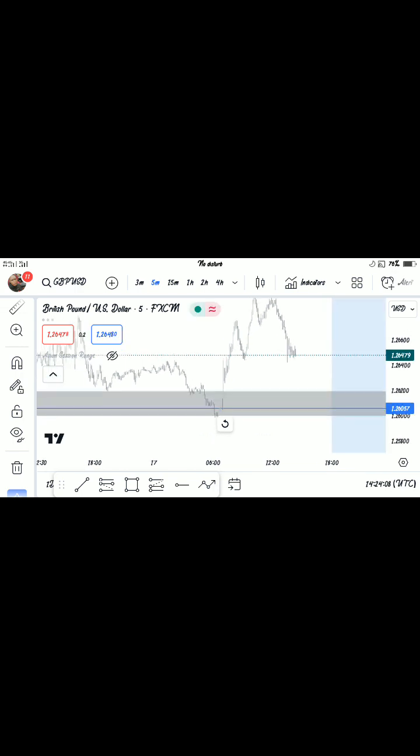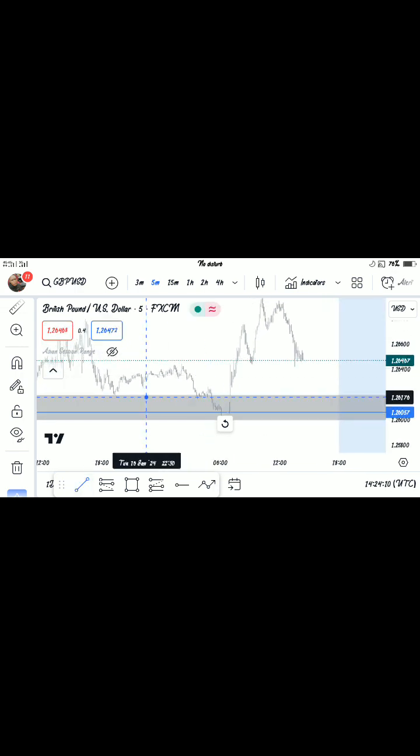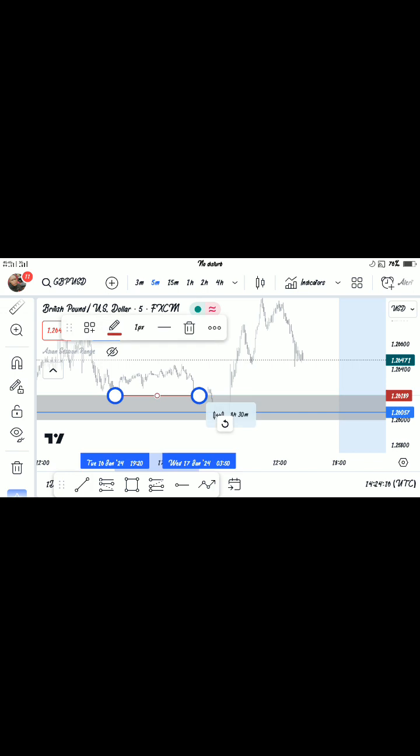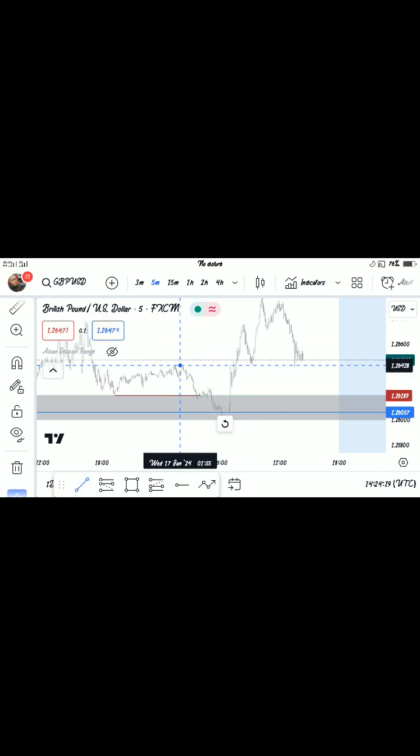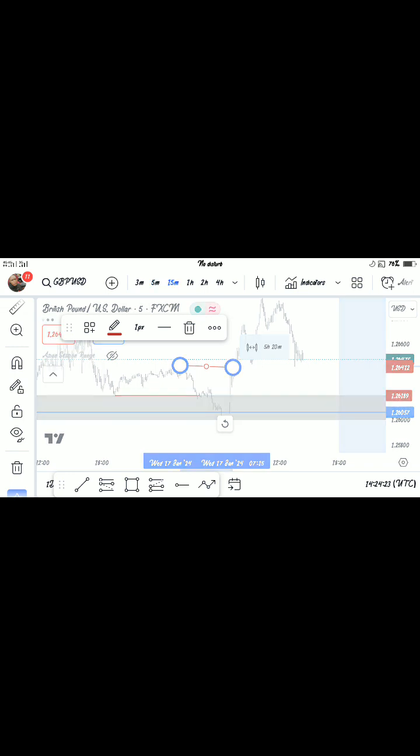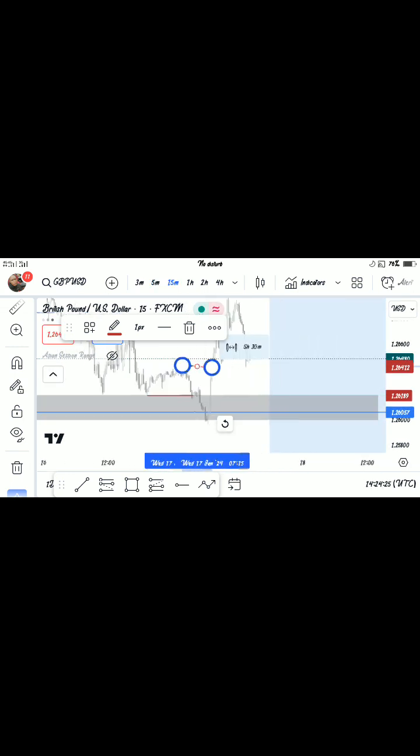It's a risky trade though, so just be used to the risk. Now this is GBP USD. There is a clear break of structure here if you want me to analyze, and there's a break of structure here also, right? Let's go back to 15-minute time frame and see what the market is doing there.